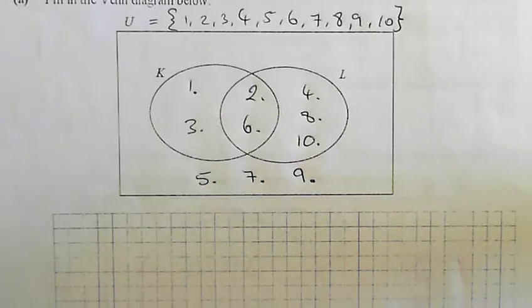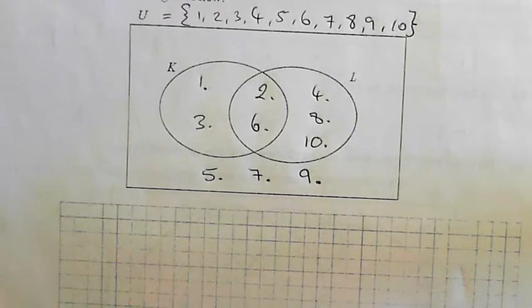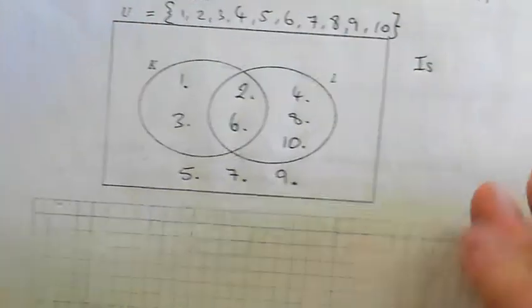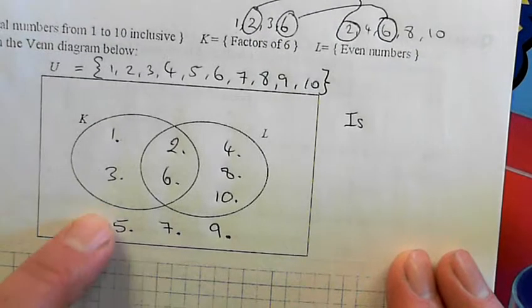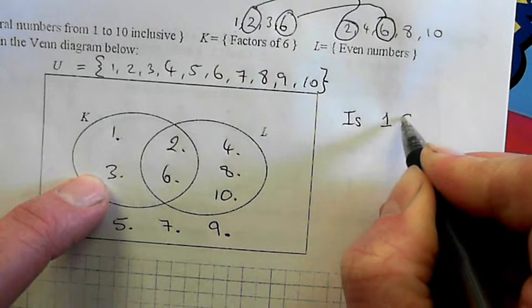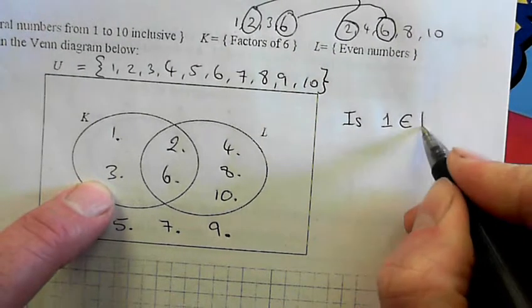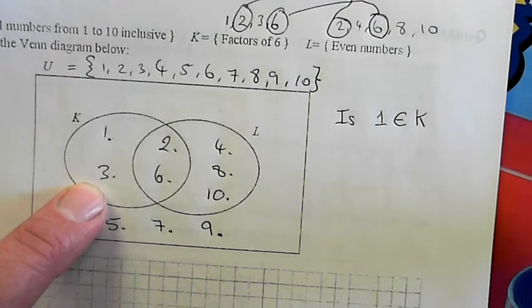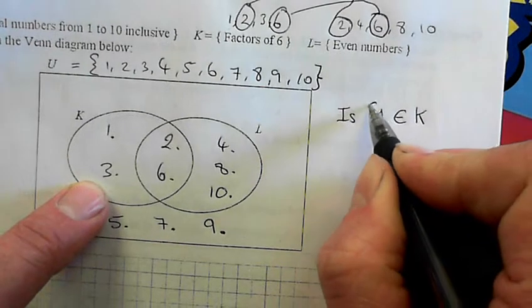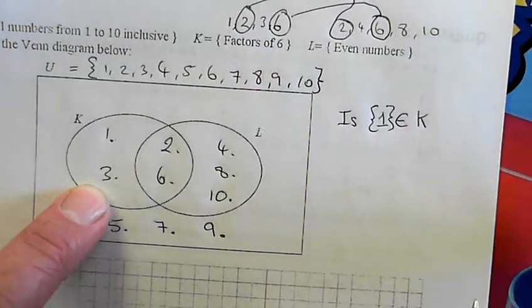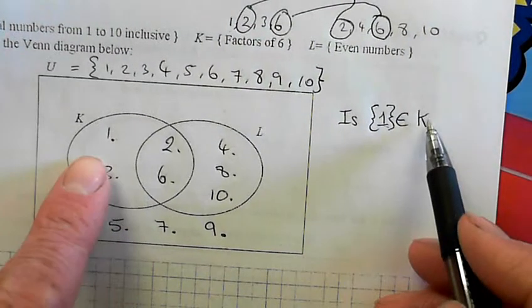Right, here's some other questions. Here's a question. Is 1, and I put it in brackets to show that it's an element, is 1 an element of K?